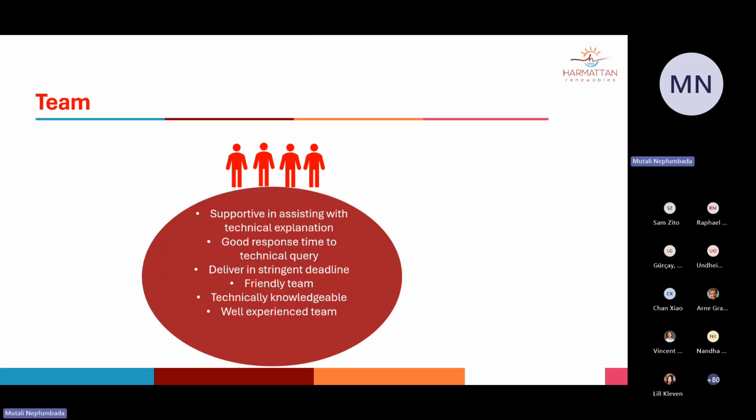So my experience with the team was that they were a very good team. They offered support in assisting us with technical explanation, good response time to technical queries, and were able to deliver under stringent deadlines because the project was run in a very short period. Their delivery against the stringent deadline was excellent.